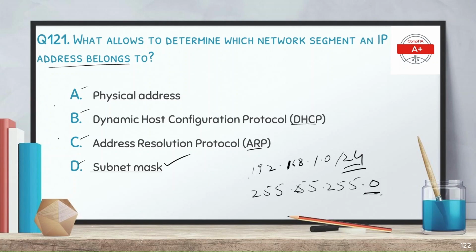So this particular range, basically a network, ranges from 192.168.1.0 all the way up to 255 or 254. So if we have an IP address that is 192.168.1.100, then we can say that this IP address belongs to this network because of this subnet mask.